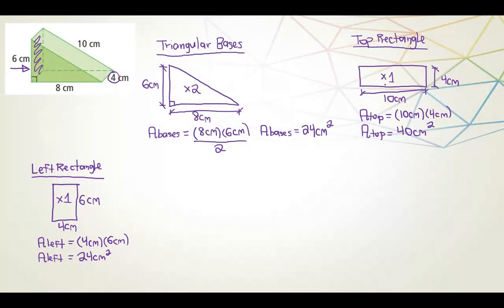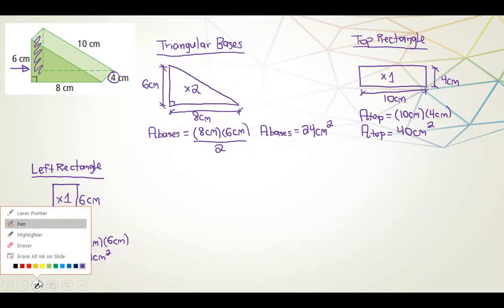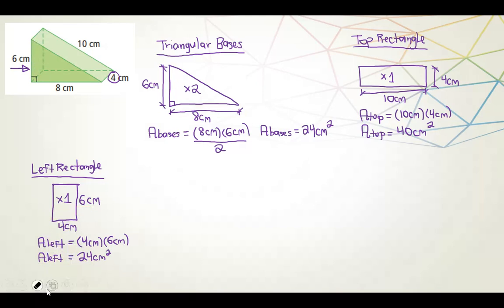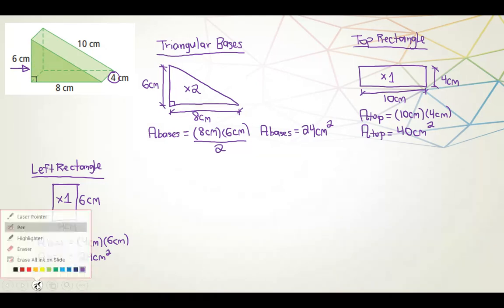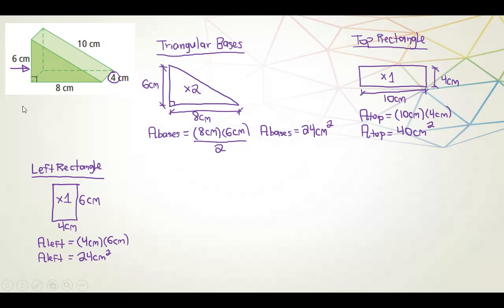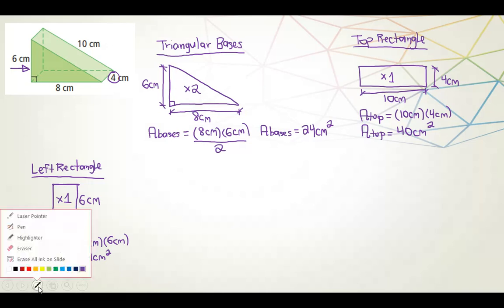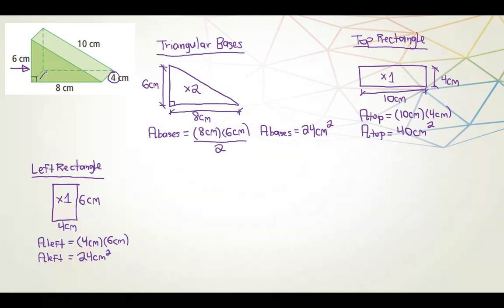So far we have 1, 2, 3, 4 faces. A right triangular prism has 5 faces to it, so the one remaining face is the bottom one, this one at the very bottom.